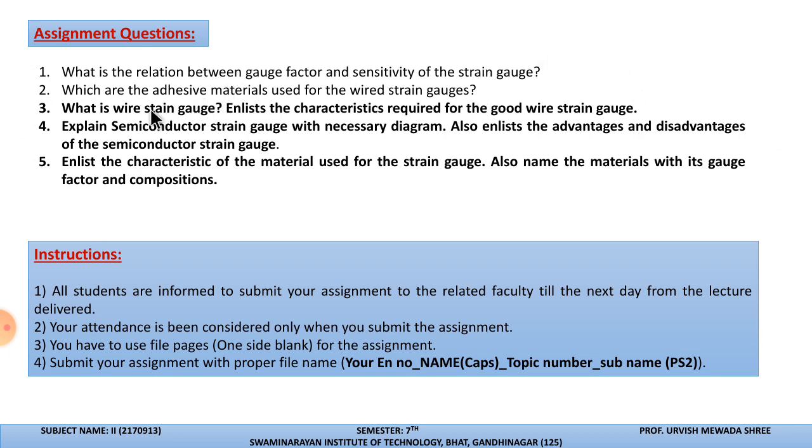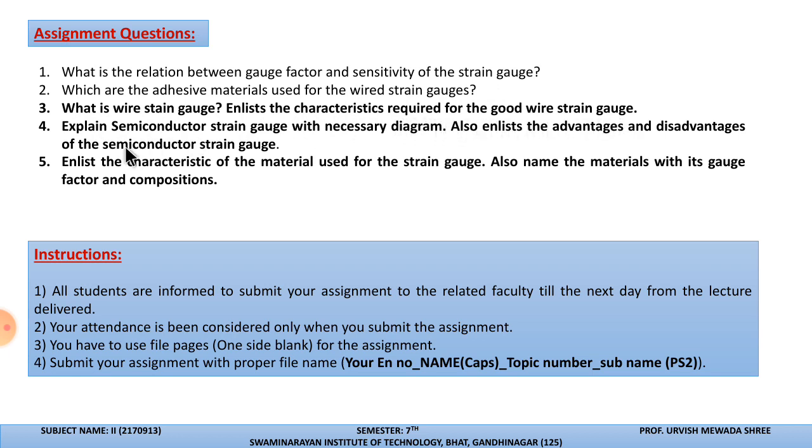So the questions are: what is the relation between gauge factor and the sensitivity of the strain gauge? The second question is: which are the adhesive materials generally used for wire strain gauges? And the third question, which is for the assignment: what is a wire strain gauge, and list the characteristics required for a good wire strain gauge.